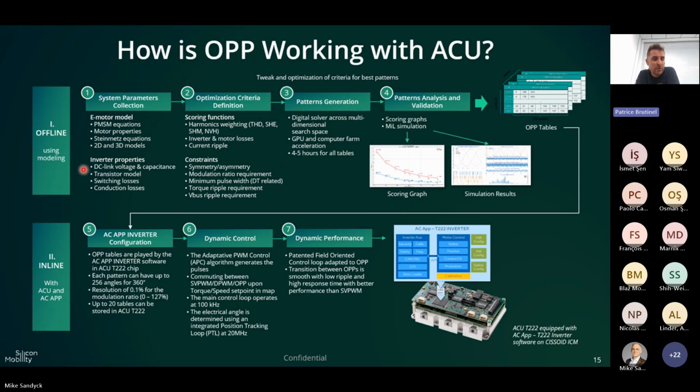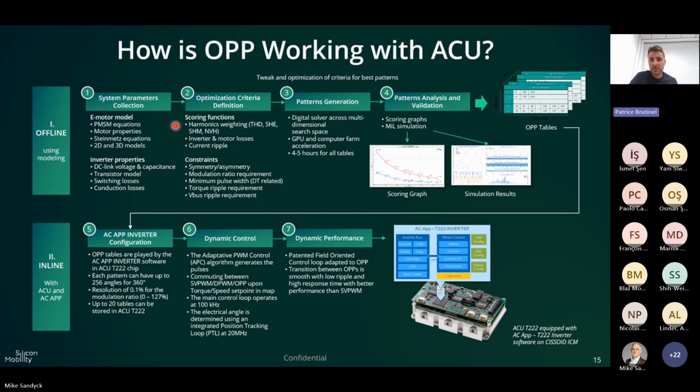As soon as we have configured the inverter and motor model with the system parameters, we start to define the optimization criteria. Here it could be inverter and motor losses reduction, current ripple reduction, harmonic reduction, so applying selective harmonic elimination and selective harmonic mitigation. We can improve THD and remove NVH.